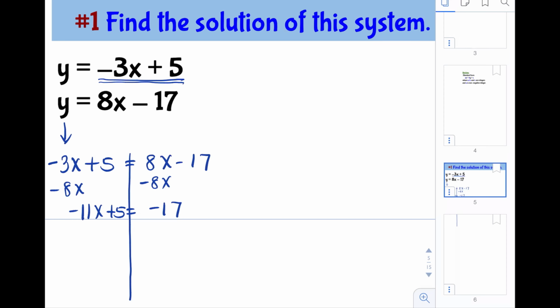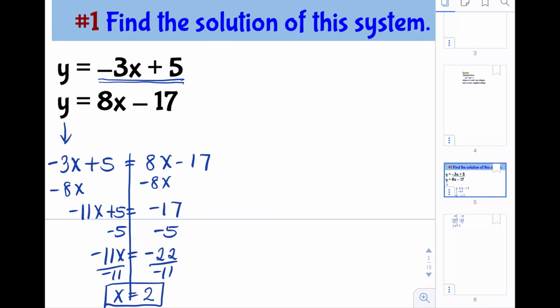And doing the inverse operation, we subtract 5 from both sides. And this is negative 11x is equal to negative 22. So when you divide both sides by negative 11, our x value here is positive 2.